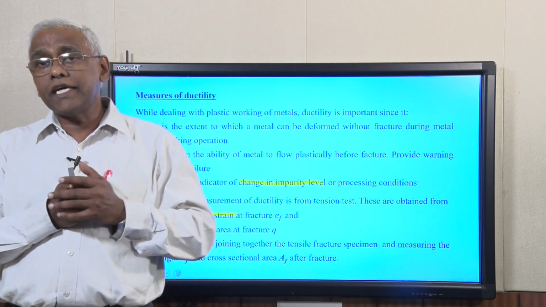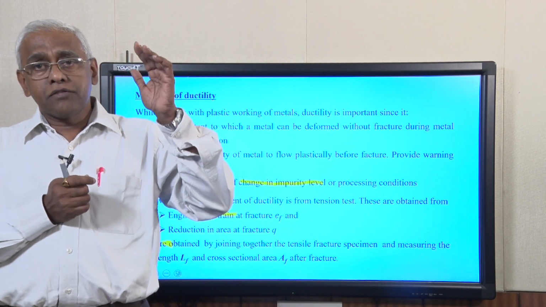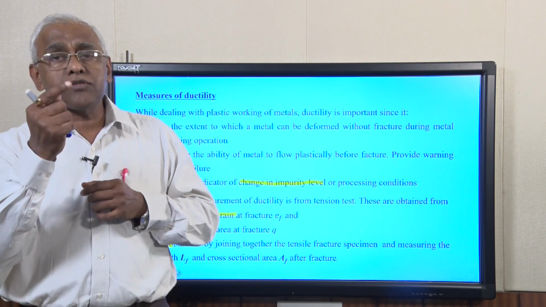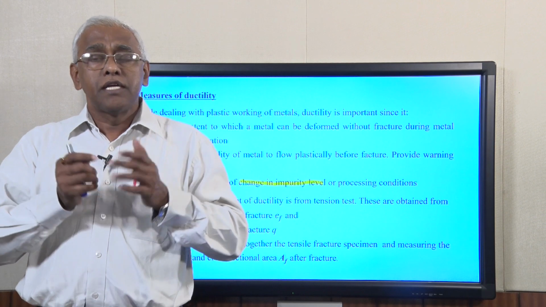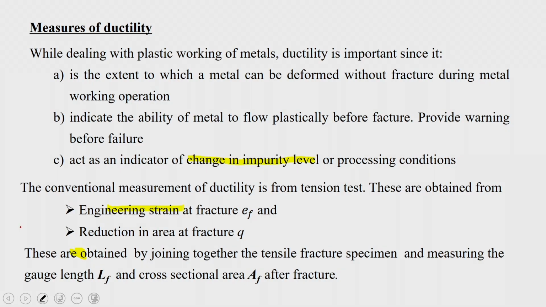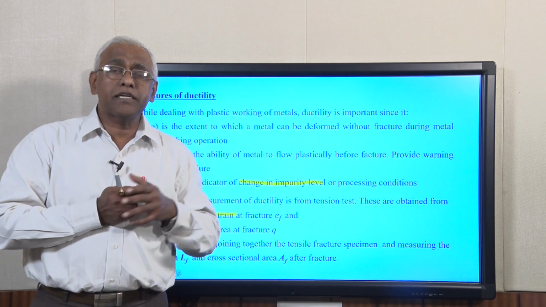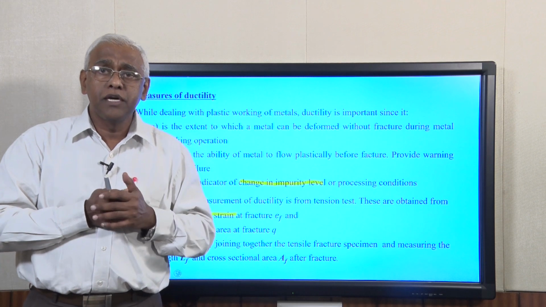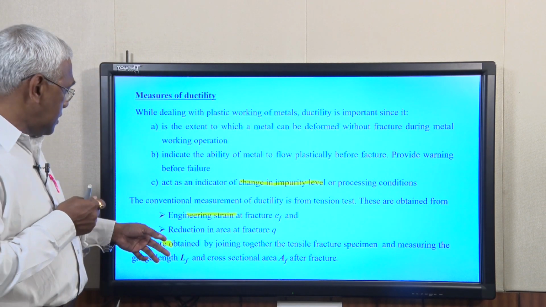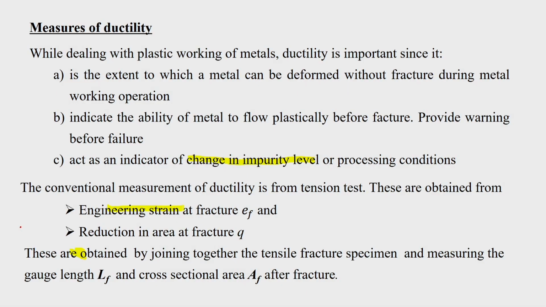So, if you have an idea about the maximum load which it was supporting and the cross sectional area at the time of failure, then you can know what the stress was also. This gives the reduction in the cross sectional area, because initially you had a cross sectional area which was A naught, and now you have a cross sectional area A. From that you can find out the reduction in the cross sectional area at fracture.